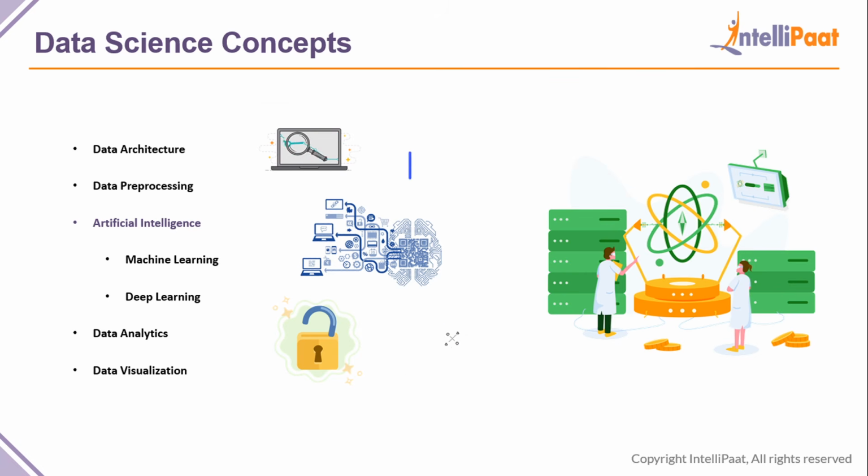Coming to data pre-processing, with respect to data science, we'll be working with a lot of mathematics, a lot of statistics. Even a small discrepancy or a redundancy in your data can lead to a lot of false positives and false negatives in the results.